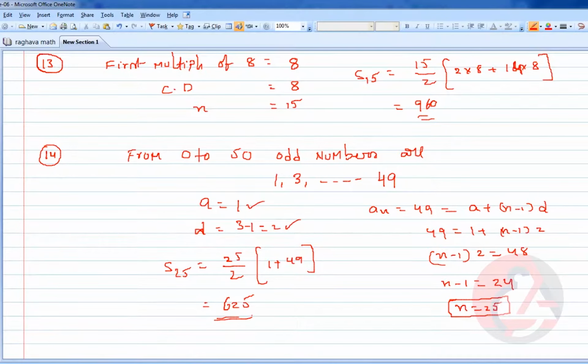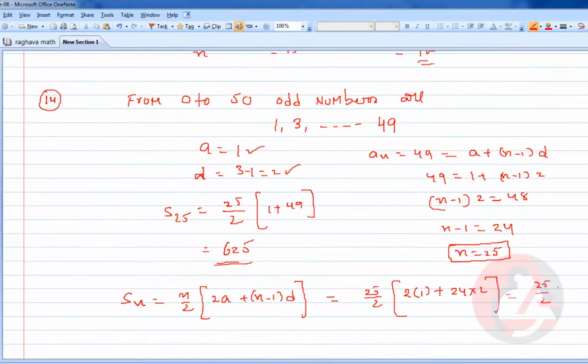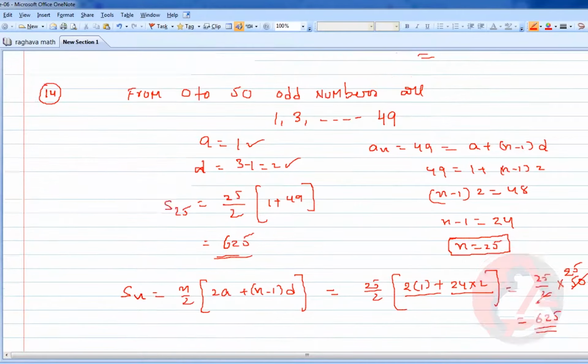But you have to get the same answer if you use that formula also. It's not necessary to use the same formula I am using. So Sn is equal to n by 2 into 2a plus n minus 1 into d. That will be 25 by 2 into 2 into 1 plus 24 into 2. That is 25 by 2 into 48 plus 2, which is 50. So the answer is 625. In both the methods we got the same answer.